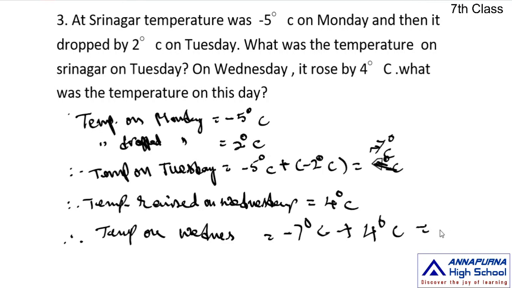We know that in the addition of integers with different signs, we subtract: 7 minus 4 is 3. The higher value sign is minus, so put the minus sign. Therefore, the temperature on Wednesday is equal to minus 3 degrees centigrade.